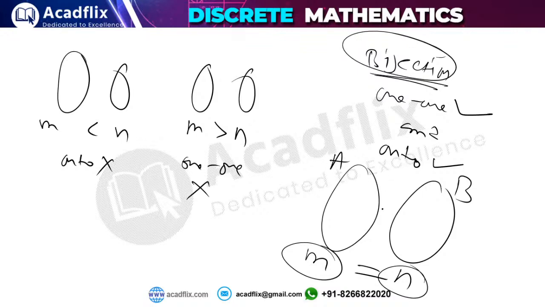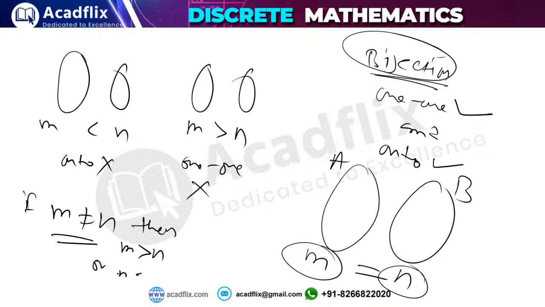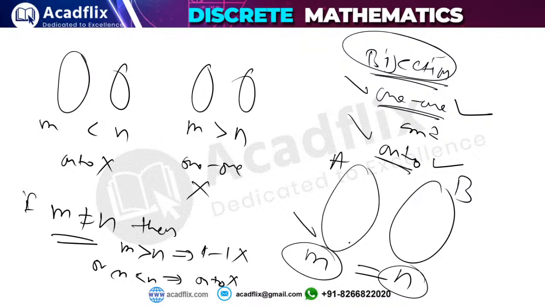Why? Because if m is not equal to n, then either m will be greater than n or m will be less than n. If m is greater than n, then 1-1 is not possible. If m is less than n, then onto is not possible. We want both of them, we want 1-1 and onto. So m should be equal to n.